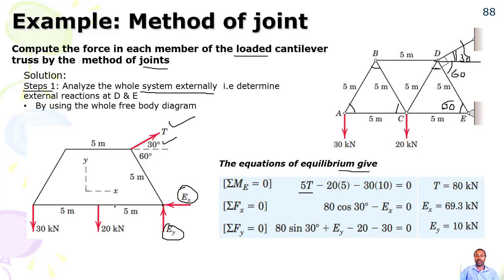This is 5 distance, then it will be like this. So minus 5T, clockwise. This is plus 20 counterclockwise about E. Again, this is 30 times 10, 5 plus 5. Then T will be 80 kilonewton.